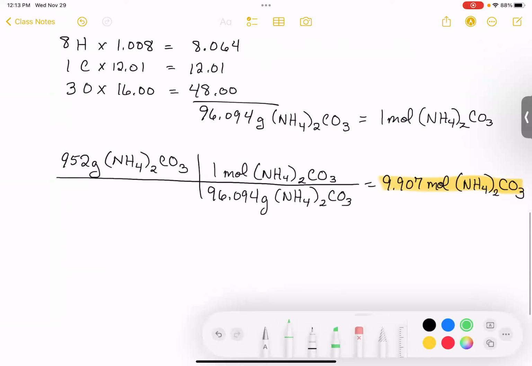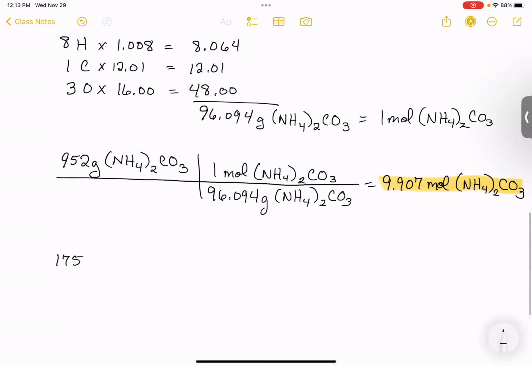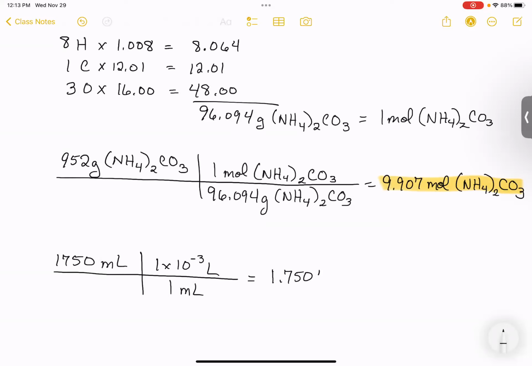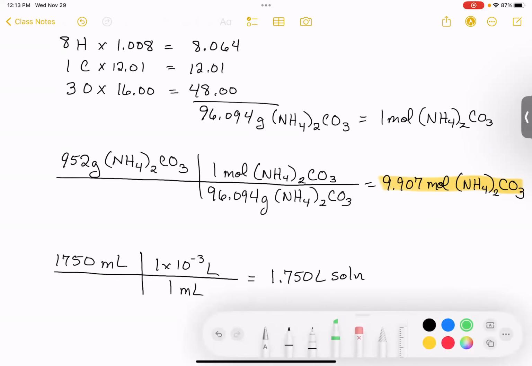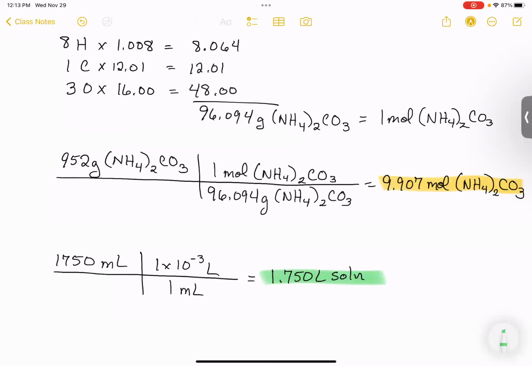So I'm going to need to take that 1750 milliliters and convert that into liters. 1 times 10 to the minus 3 liters is equal to 1 milliliter. Or in other words, it's 1.750 liters of solution, which gives me the denominator that I needed.